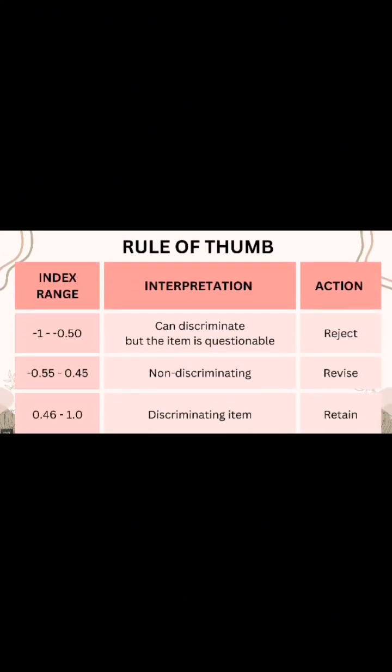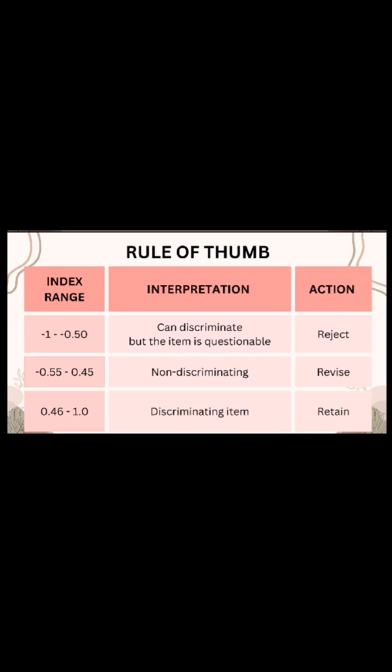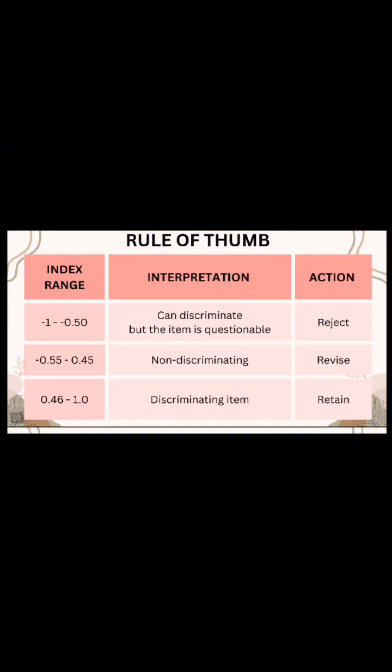So, the rules of thumb. This is where the three directions will be included. The index range of -1 to -0.50 is interpreted as can discriminate but the item is questionable, and the action to be taken is reject.